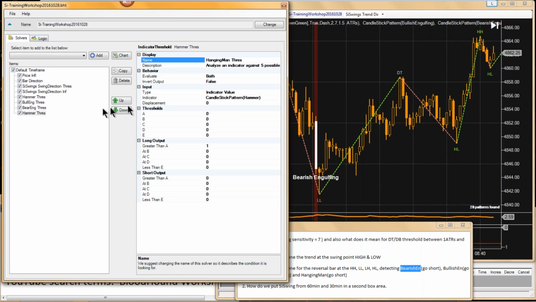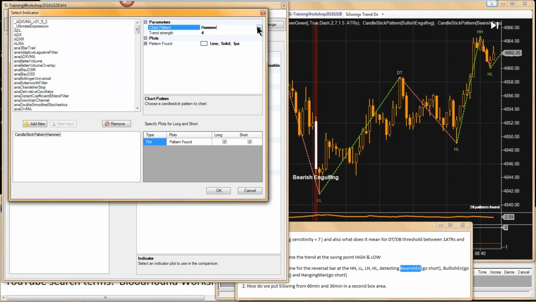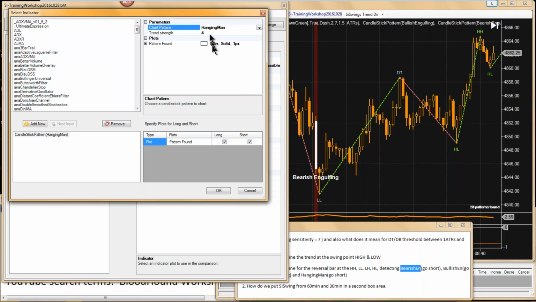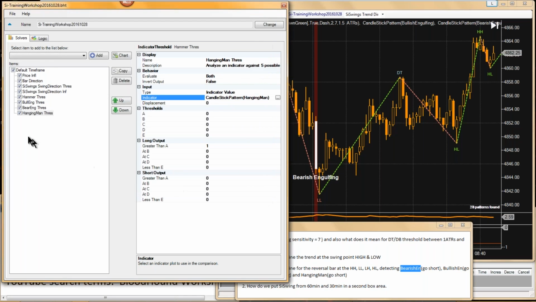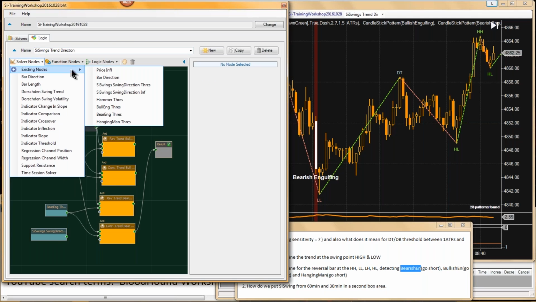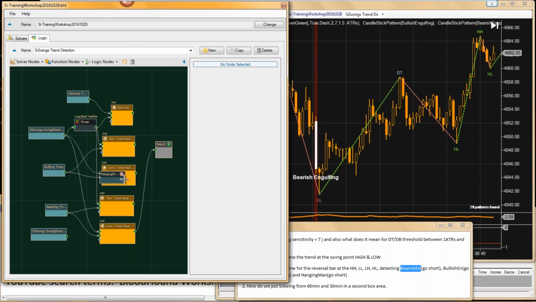All right, so hanging man. There we go. Select the correct chart pattern. So now we got the solver built. And we'll put that on there.